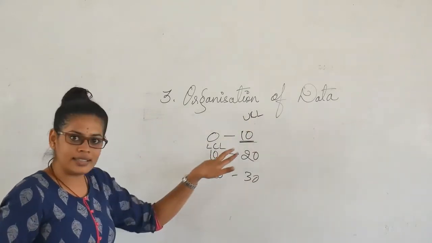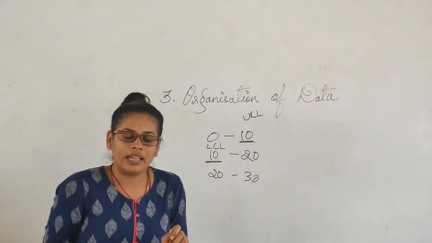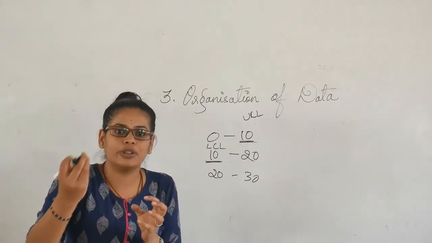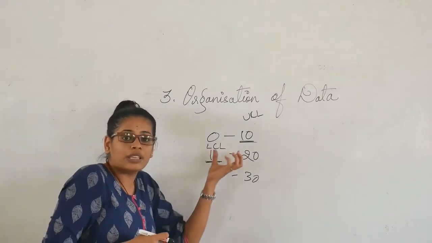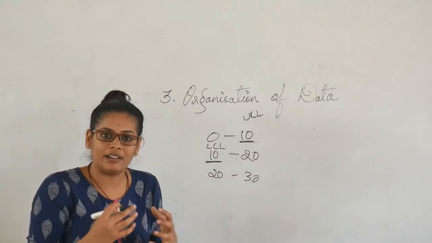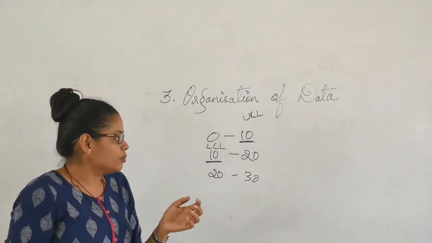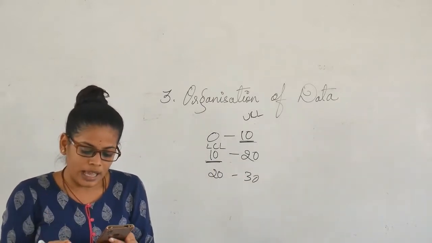Can you notice this? Now the question comes, how do we categorize or distribute the values into these class intervals when we have repeated values in our raw data? So let's see what happens. Both are equal to 10.